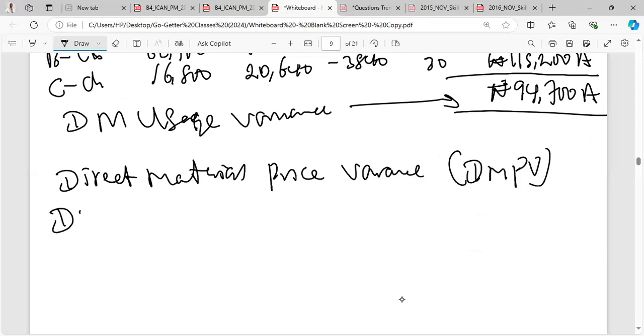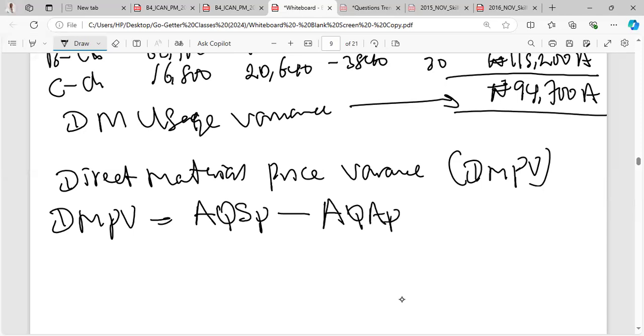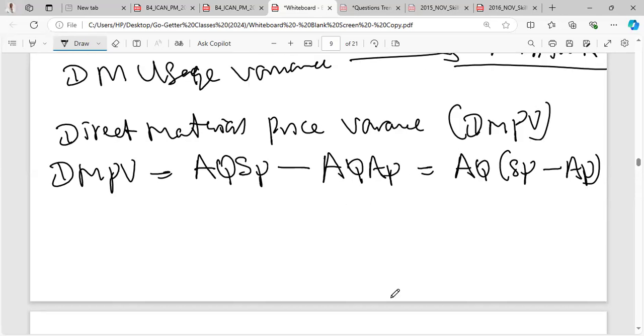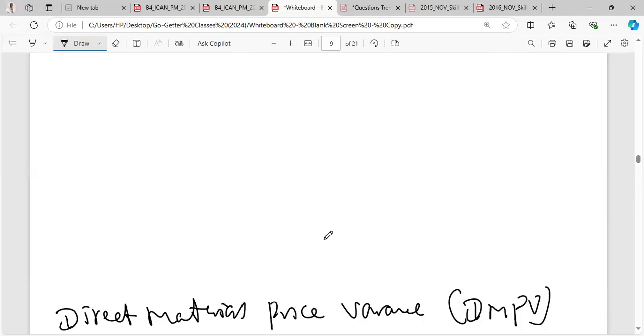So we say DMPV is actual quantity standard price minus actual quantity actual price, which is broken down to actual quantity, standard price minus actual price. So what we will now do here is go here and do it.